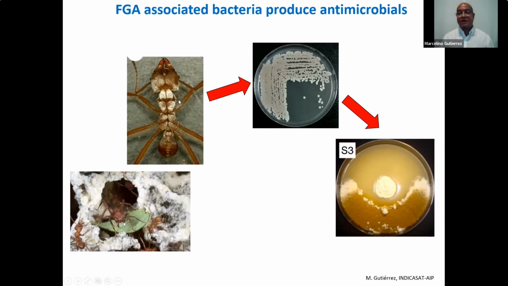So some people found that this actinobacteria that the ants keep actually inhibits the growth of these fungi, and they use this bacteria like a kind of biological control, from millions of years of evolution.